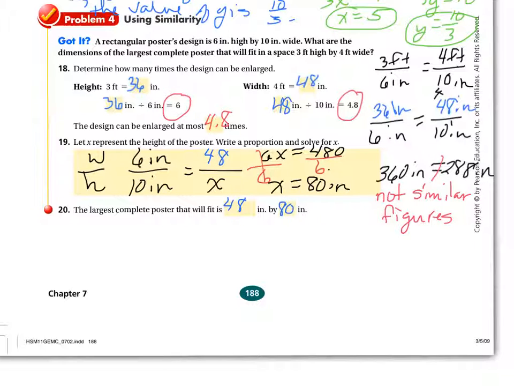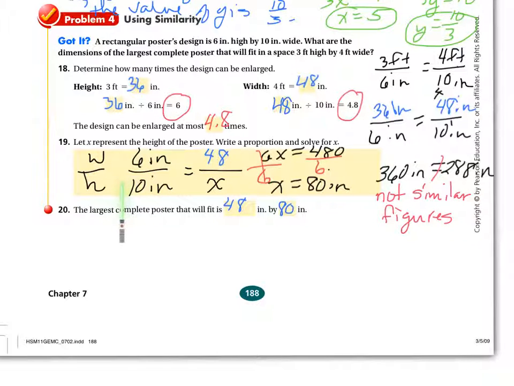Just 3 feet. But the height of my original poster is, oh, I have that backwards. No, I don't. Yes, I do. That's why. Bummer. What do I have wrong here?